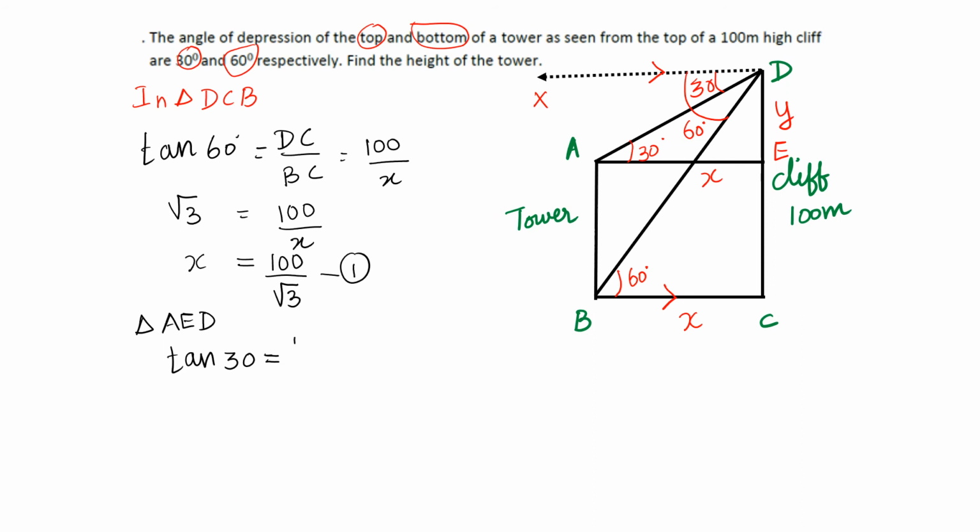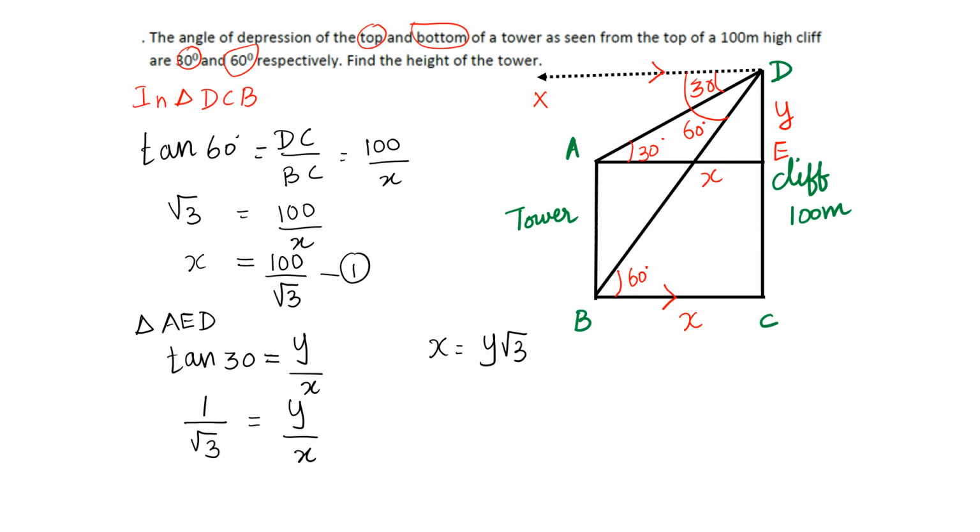So y by x. What is tan 30? 1 by root 3 equal to y by x. By cross multiplying, what will you get? X equal to y root 3.